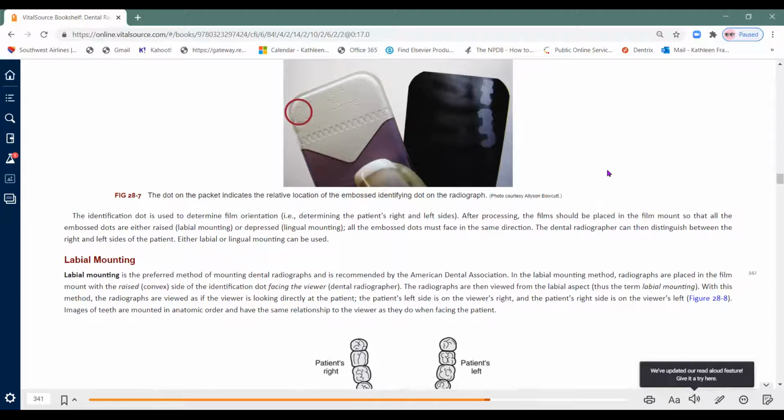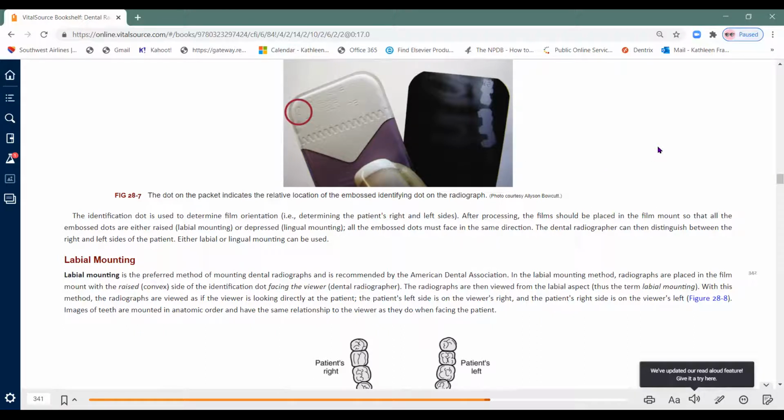So with the labial mounting, radiographs are placed in the mount with the raised side of the dot facing the viewer. That's just like we chart. It's identical to how we chart. If we did it the other way, that would be lingual mounting. That would be with the dot facing the patient's tongue.